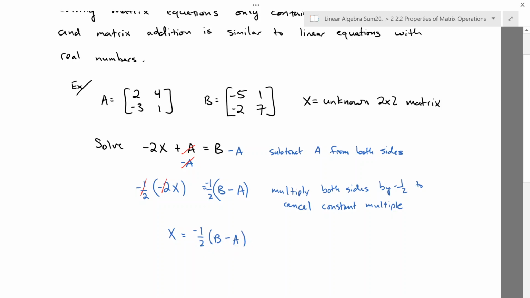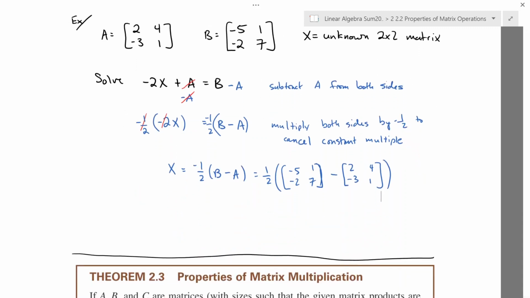And we know what B and A are, so we can just calculate. So B is the 2 by 2 matrix -5, 1, -2, 7. And A is the 2 by 2 matrix 2, 4, -3, 1. And then now we can do the matrix calculation.